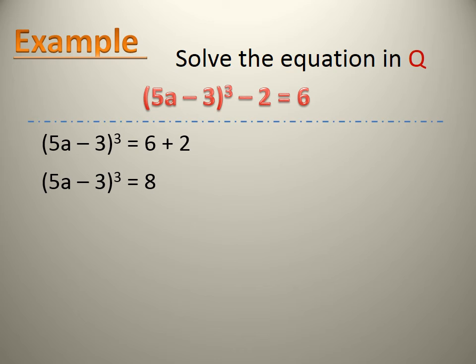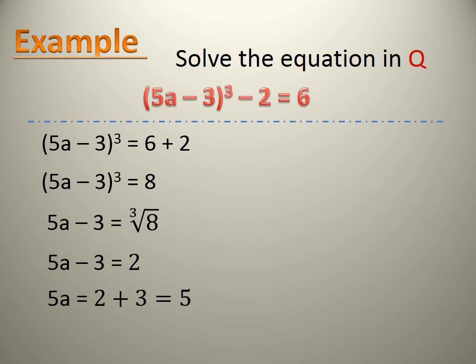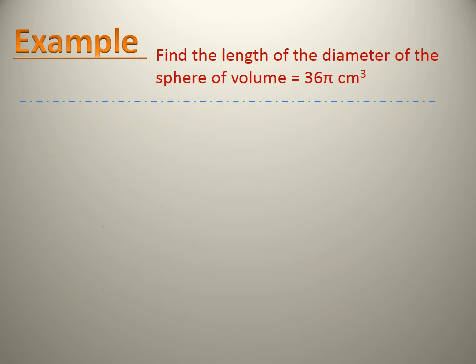By taking the cube root of both sides, it will be 5a minus 3 and the cube root of 8 equals 2. Now 5a equals, throwing negative 3 to the opposite side, 2 plus 3 equals 5. So 5a equals 5, divide both sides by 5, so a equals 1.